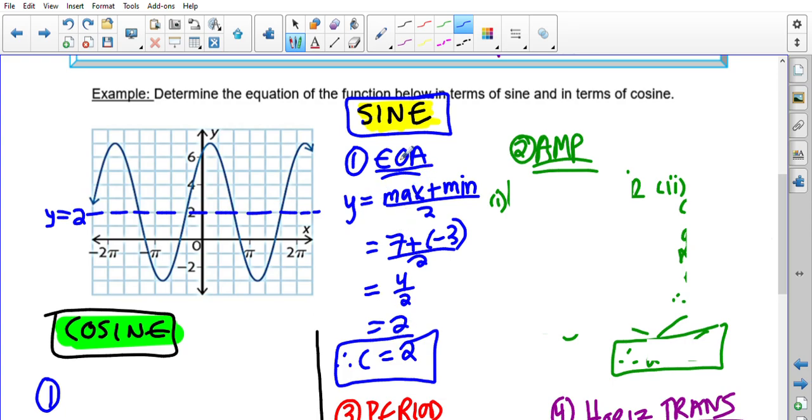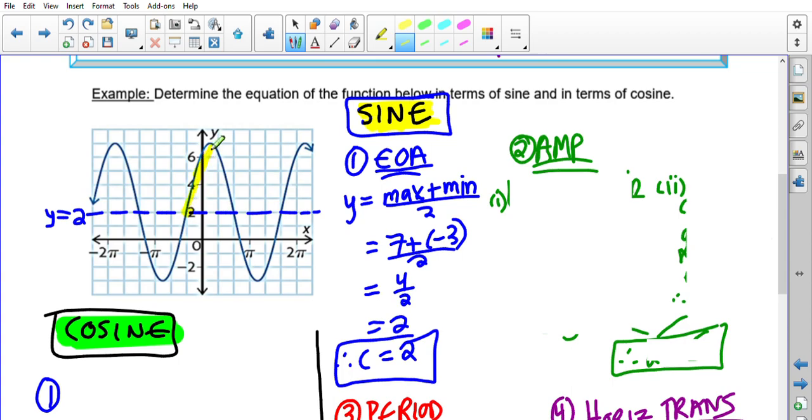All right, now the key thing is we do want to highlight a cycle of sine. So for our first cycle of sine, I always try to find the nearest cycle to the origin that starts at the equation of the axis. So for example, I'm noticing one starts here.